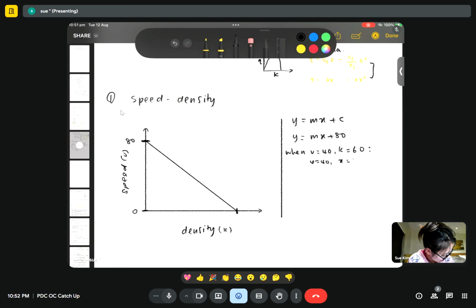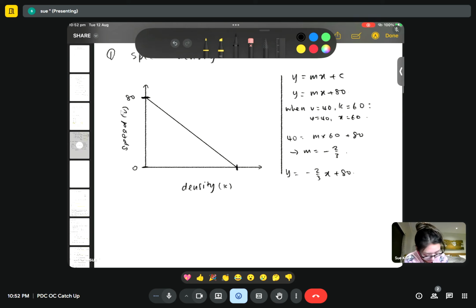So 40 equals m times 60 plus 80, and that should give me m equals minus 2/3. So my actual equation of this line is minus 2/3 x plus 80, which makes sense because the line has a negative gradient and it has a y-intercept of 80.